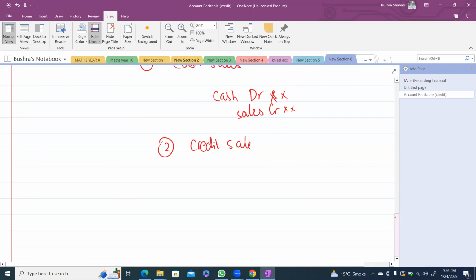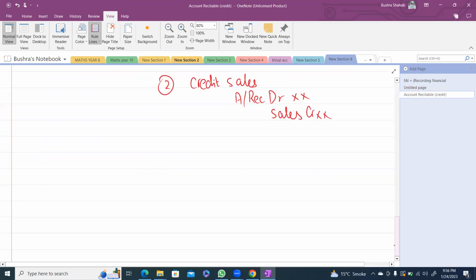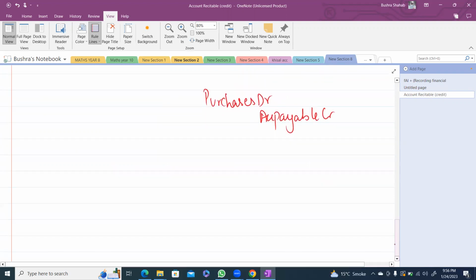Account receivable debit and sales credit. If it's a credit purchase, the entry is purchases debit, account payable credit. And when it's cash purchases, purchases debit, cash credit.